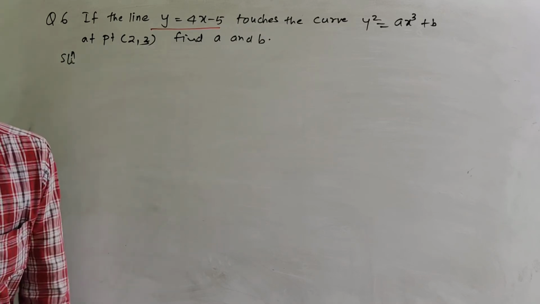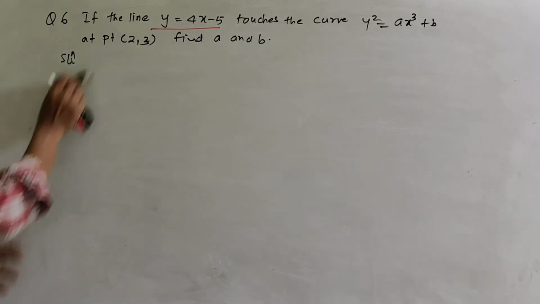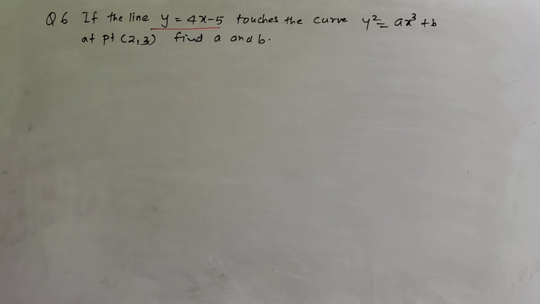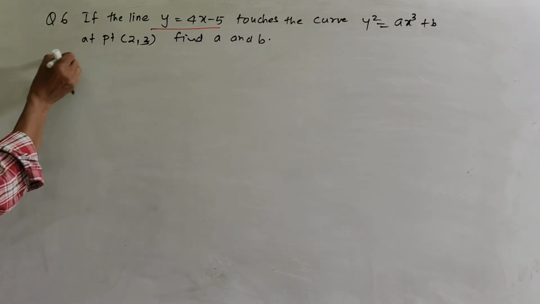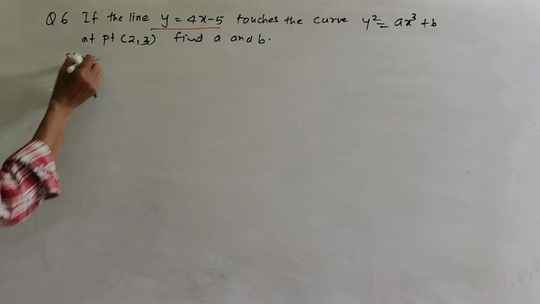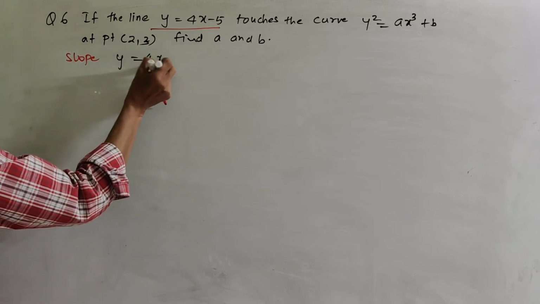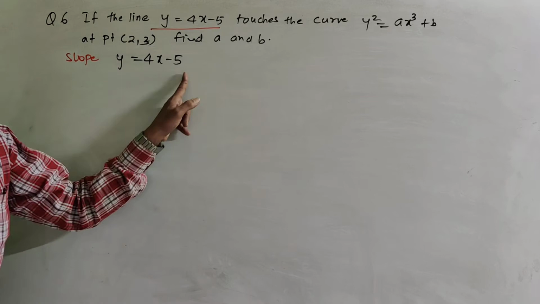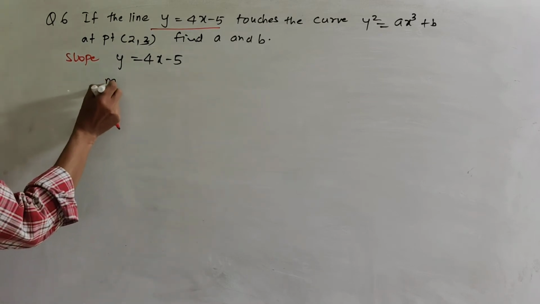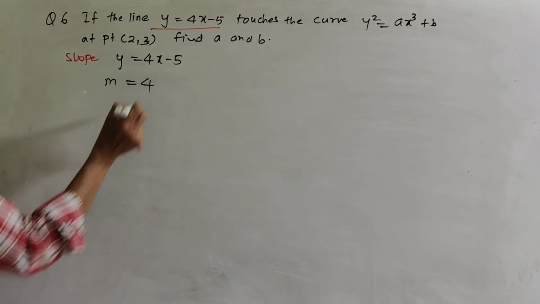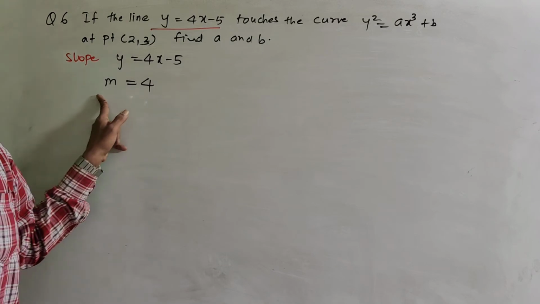Slope of the given line: the line is in the form y is equal to mx plus c. So y is equal to 4x minus 5 is of the form mx plus c, so m is equal to 4. This is the slope of given line.